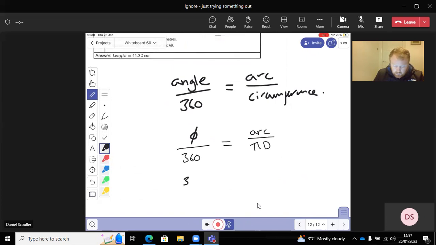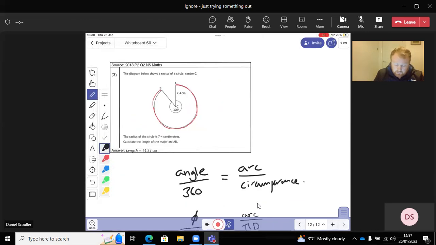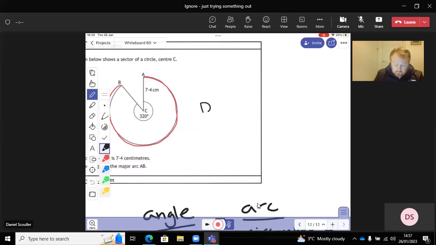So 320 over 360 equals arc over pi times the diameter. Now they give us the radius. Diameter just equals 2 times the radius. So the radius is half the diameter, or the diameter is 2 times radius.